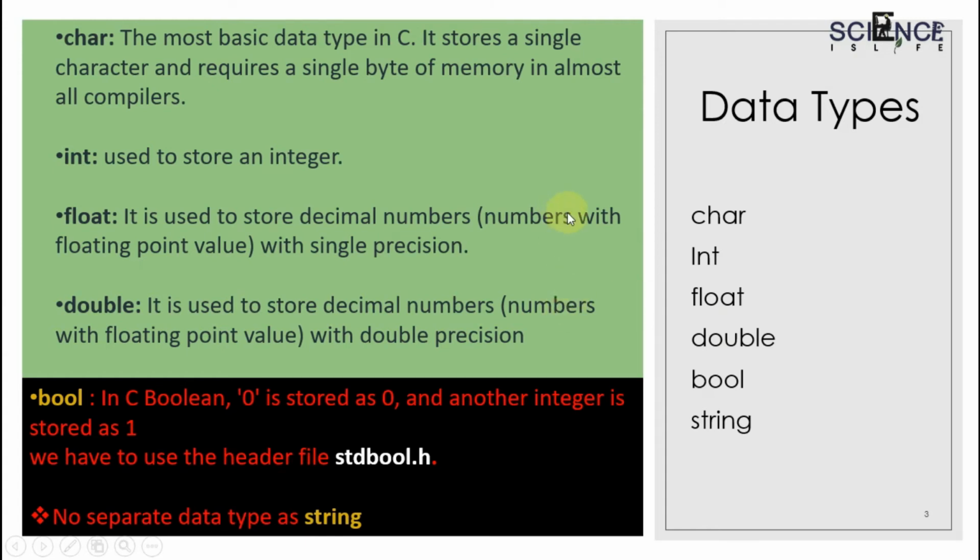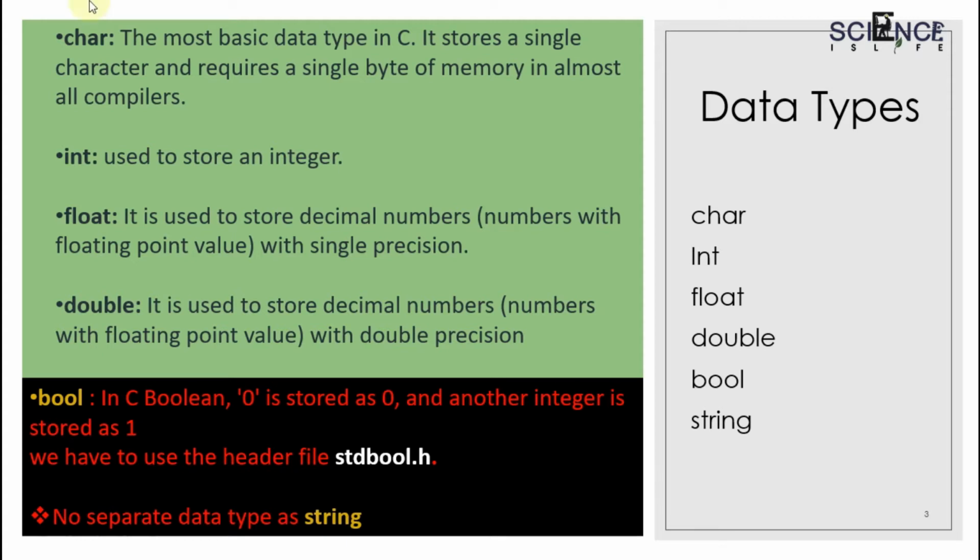When we talk about data types, you may have heard char, integer, float, double, boolean, string, right? But I told you that there are only these data types that we can use in C programming: char, int, float, double, and void. Char is the most basic data type in C. It stores a single character and requires a single byte of memory in almost all compilers, right?